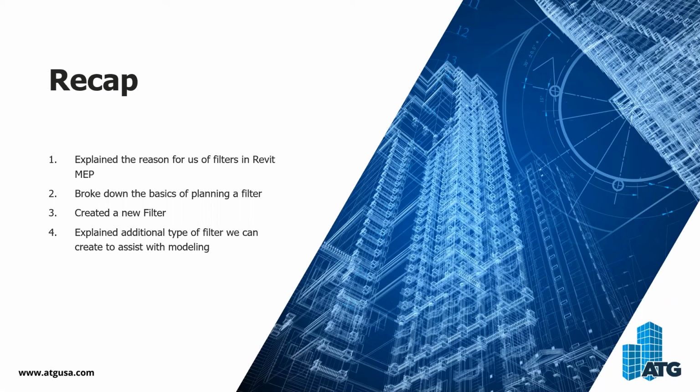So we created 2 new filters, filter 1 and filter 2 for exhaust air. One was exhaust air, one was, as I refer to, not exhaust air. So you have some of that flexibility there. And then we explained some additional types of filters for modeling and such, utilizing some of the other parameters for your filters in order to manipulate your views.